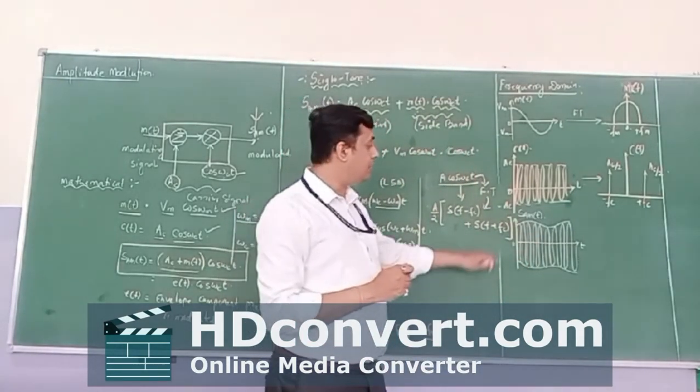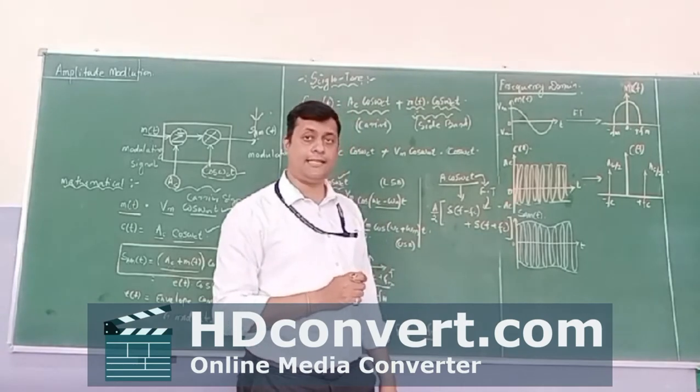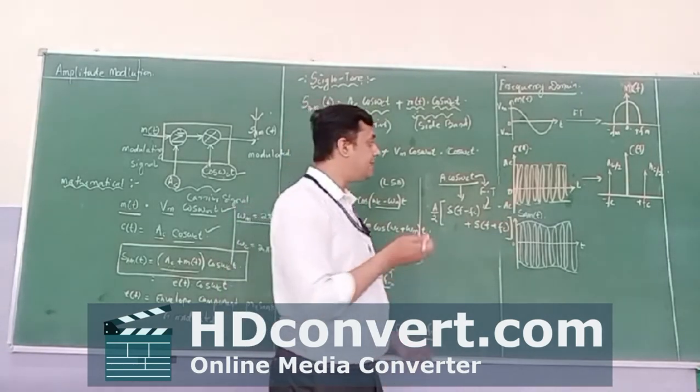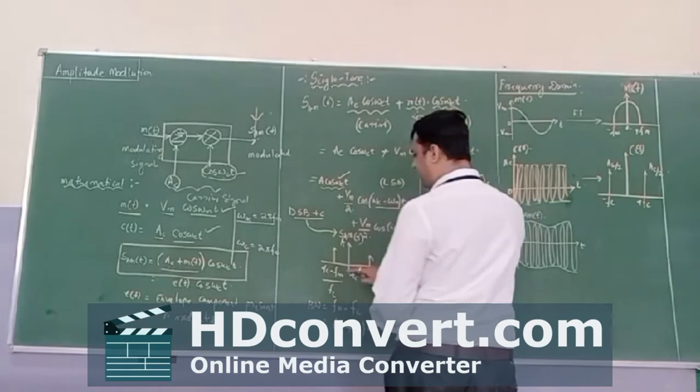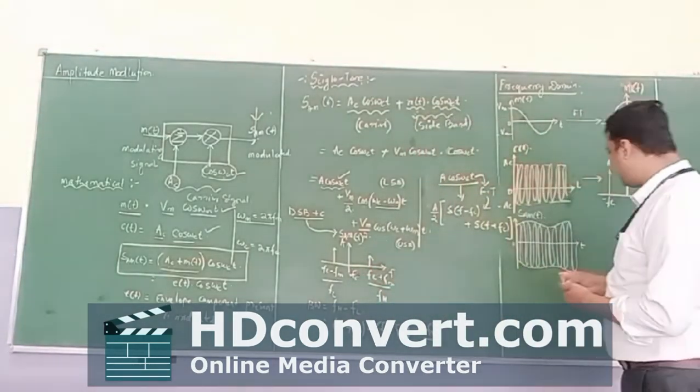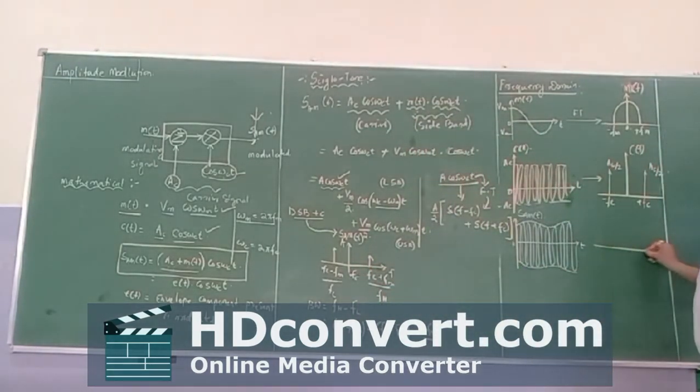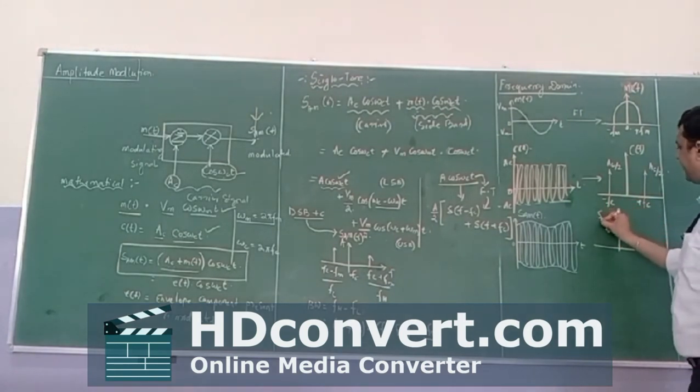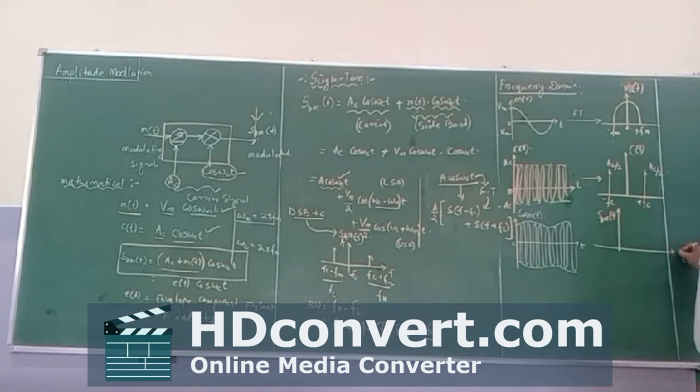Now how do we represent this amplitude modulated signal in the frequency domain? It is a simple representation. This is S_AM of f, because we are converting the time domain function into the frequency domain.